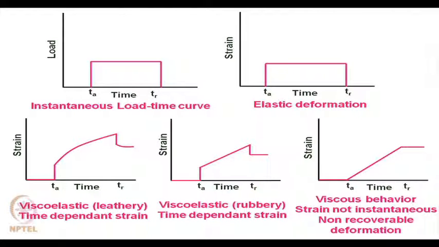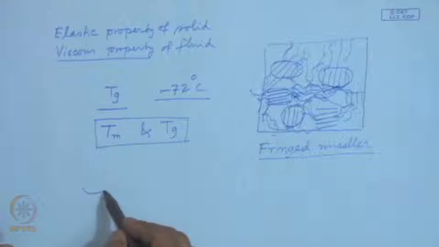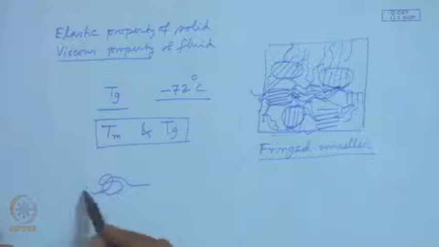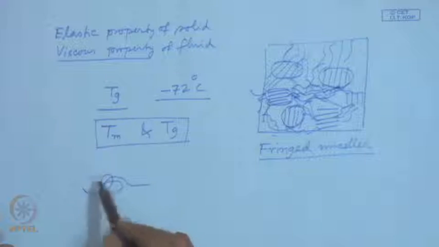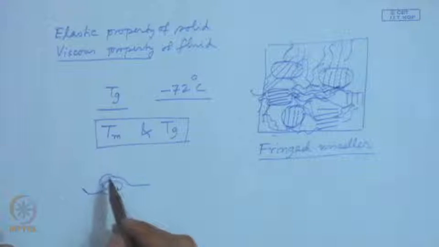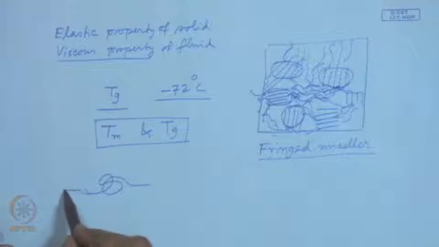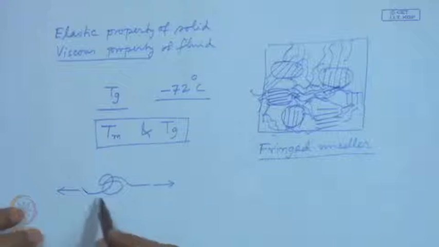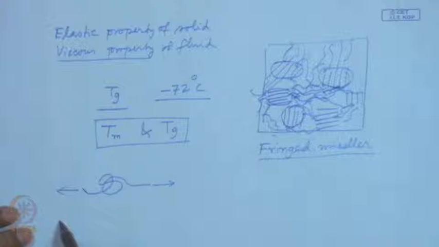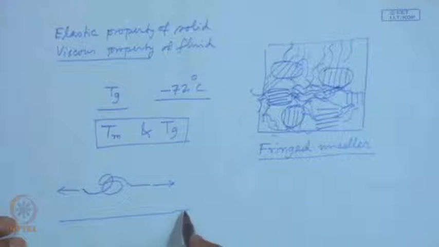This can be explained if we look into this configuration in a simple fashion. Suppose this is a molecule having such an entangled morphology. Suppose we consider that this is an example of an elastic material. Now, if we apply some tensile stress, what happens? This can be elongated like a straight thread on application of tensile stress.